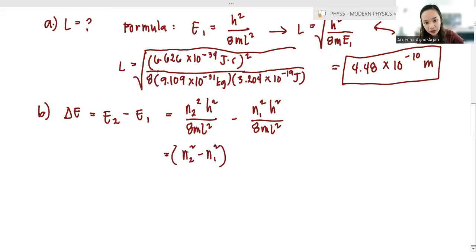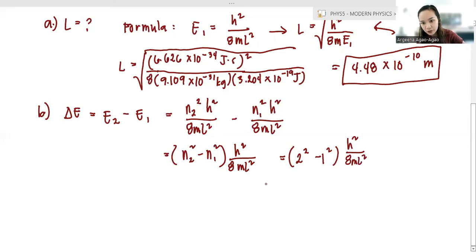Or this is just n sub 2 squared minus n sub 1 squared, h squared over 8 m L squared. Our n sub 2 is 2 squared minus 1 squared, right? Your h squared over 8 m L squared. So this is just 2 squared, that's 4, minus 1.